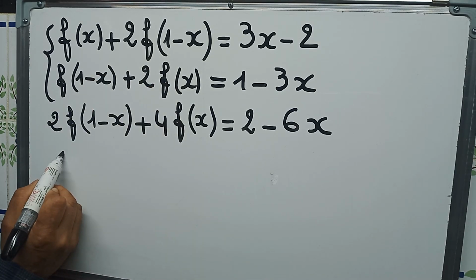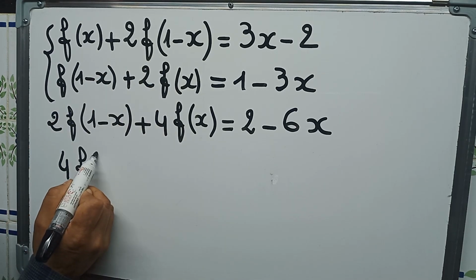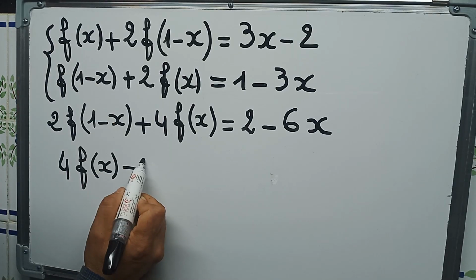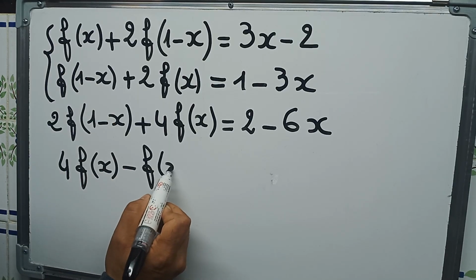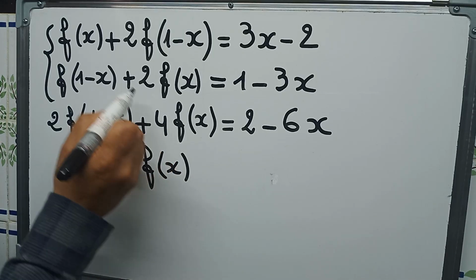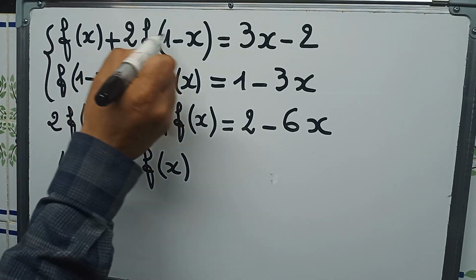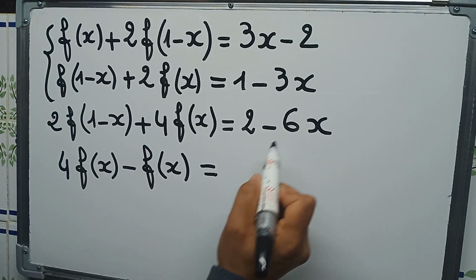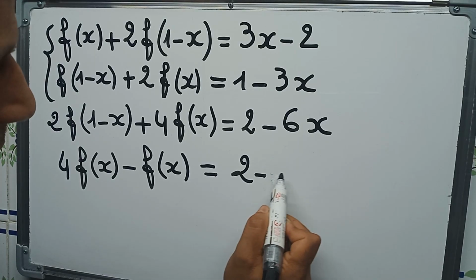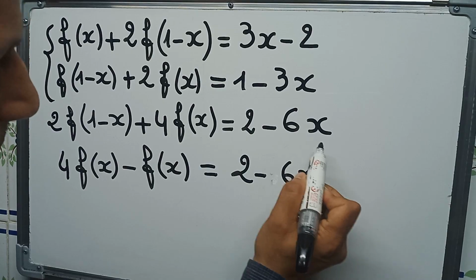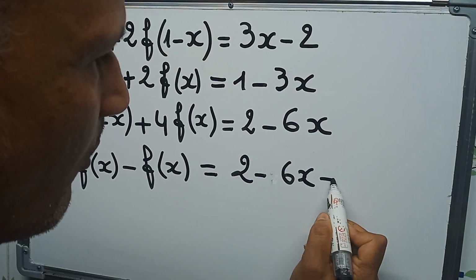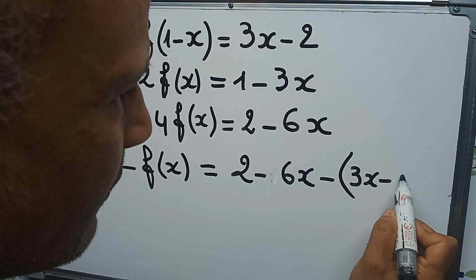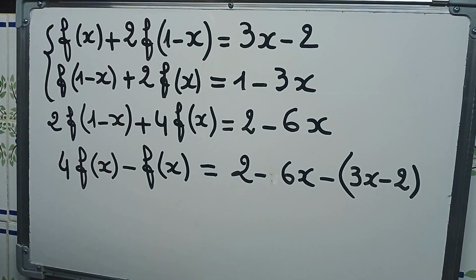We will have 4f of x minus f of x, because this term will just disappear, equals to here 2 minus 6x, this term, minus this one, minus 3x minus 2.